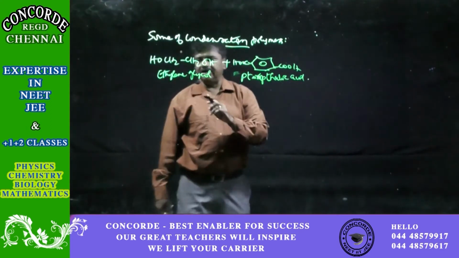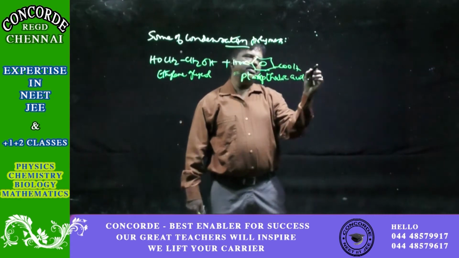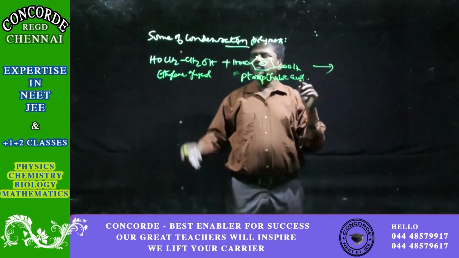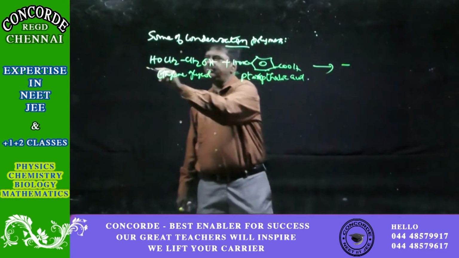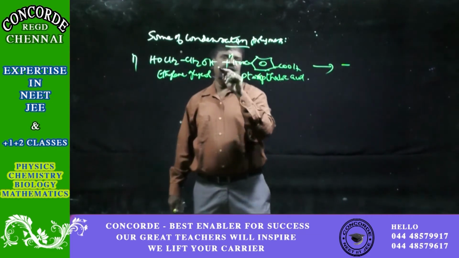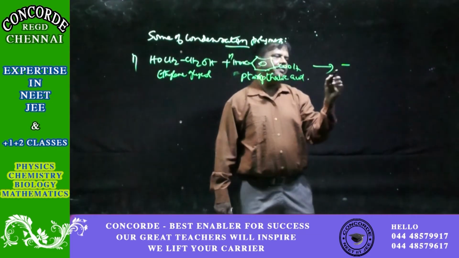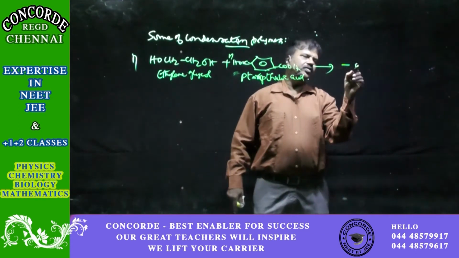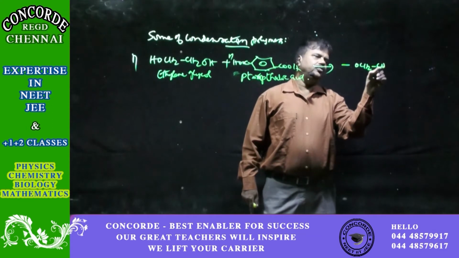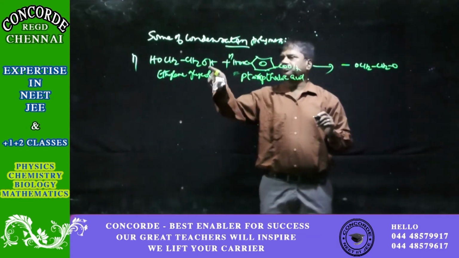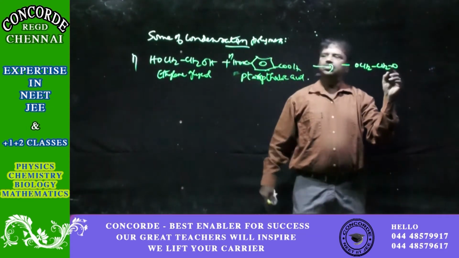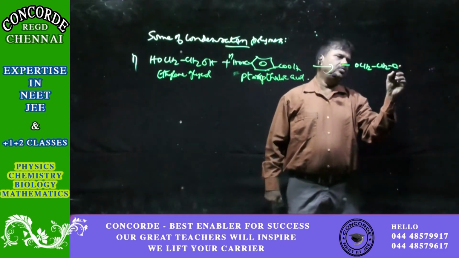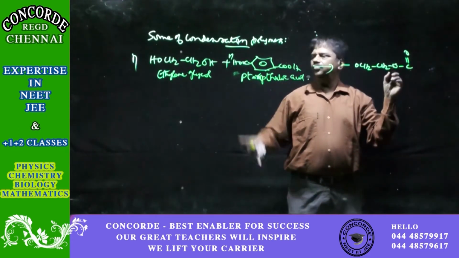So ethylene glycol and this, they lose a water molecule and we get, this is n times, n of this plus n of that gives n times OCH2, CH2O, CH2O, C double bond O.